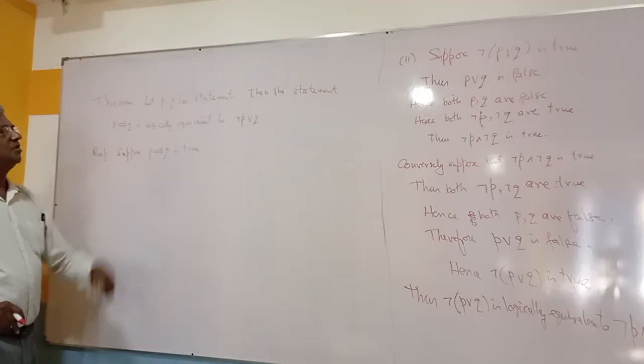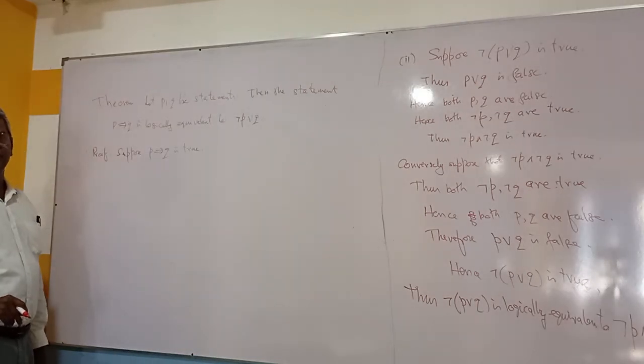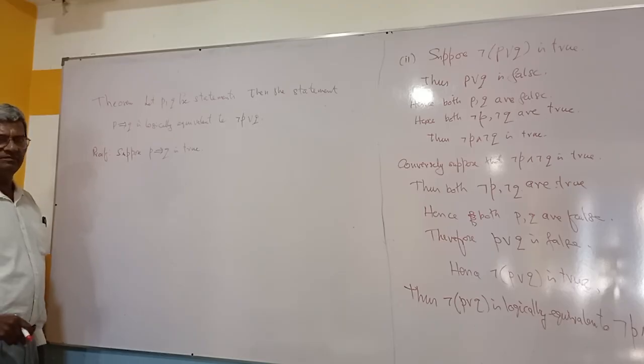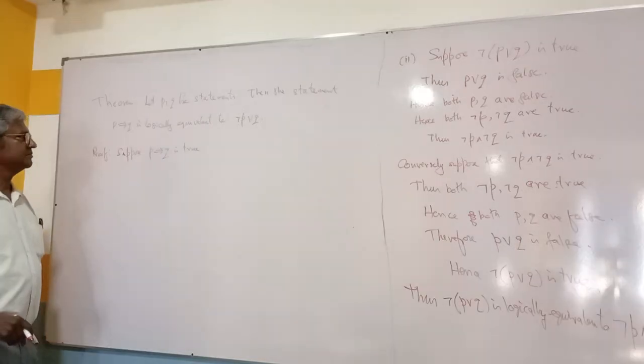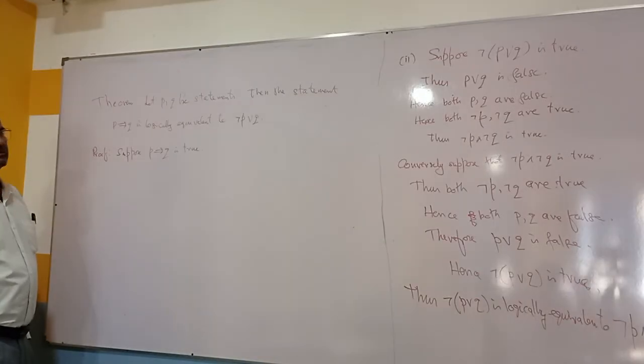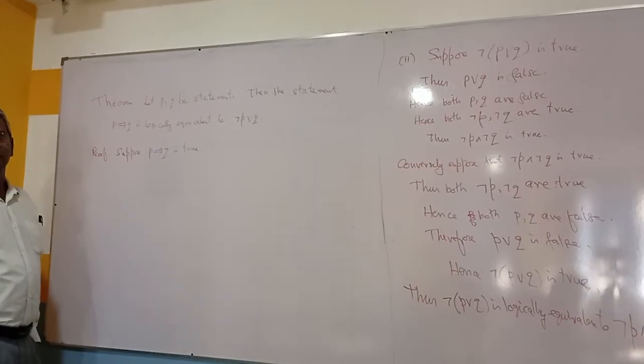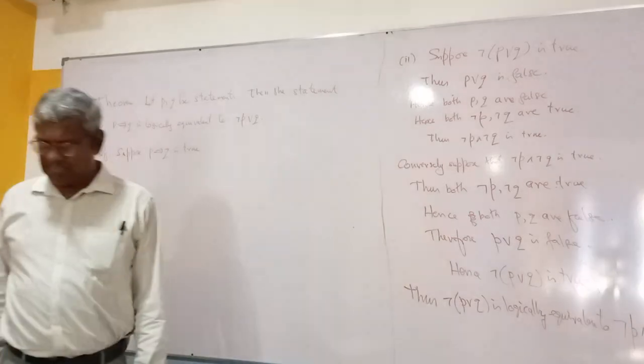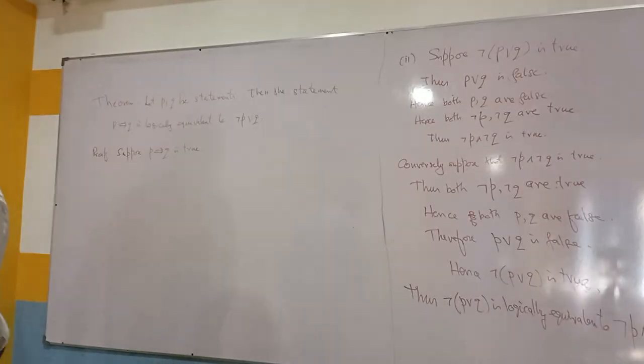I want to prove not P or Q is true. How do I come to the other side?